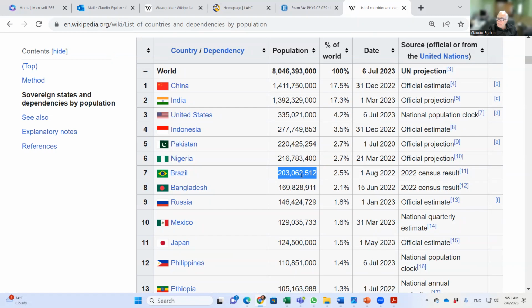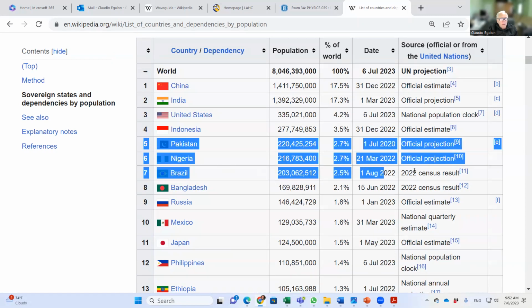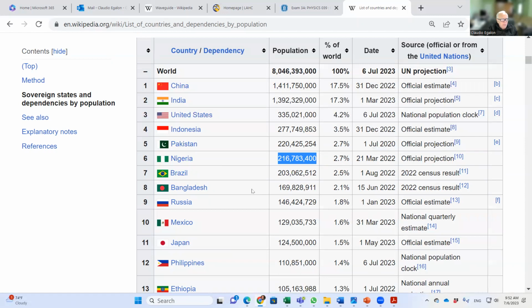So we are talking about the energy in 1 kilogram mass can power one of those countries for a whole month. That's how large the energy is. I remember just last year I checked, Nigeria had less people than Brazil.